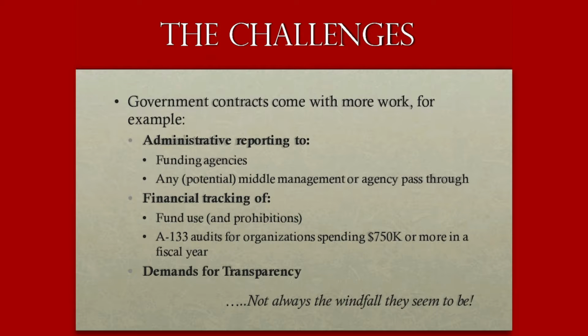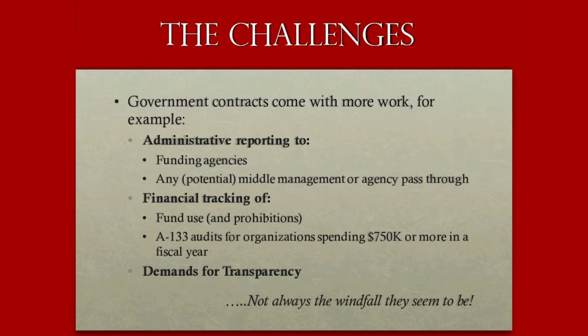A second level of financial tracking, which we went through more in detail in the course, was the fact that if you spend, not if you receive, but if you spend $750,000 or more in any fiscal year of federal funding, you actually have to have an additional A133 audit.